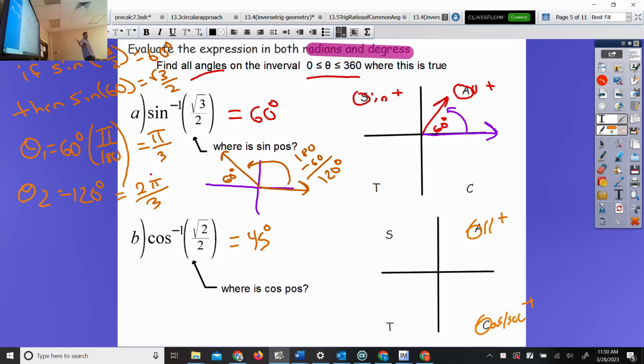That's what's on the paper, isn't it? 45 degrees. I memorized that when I was 17. 45 degrees. Is that an angle you can keep?